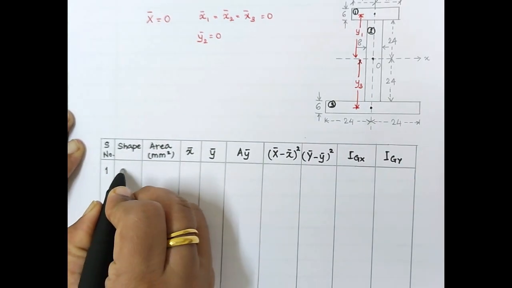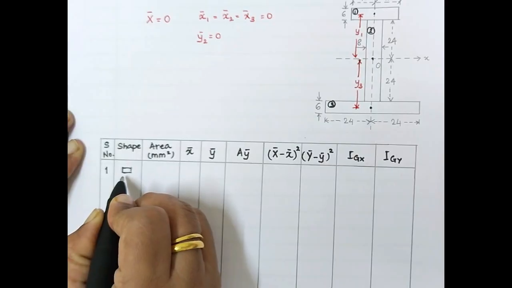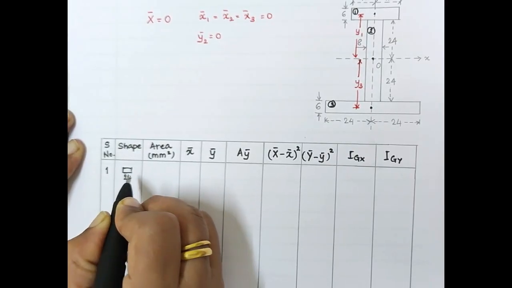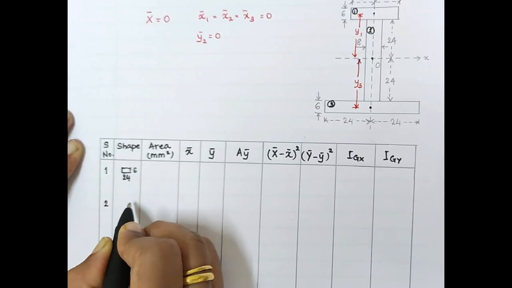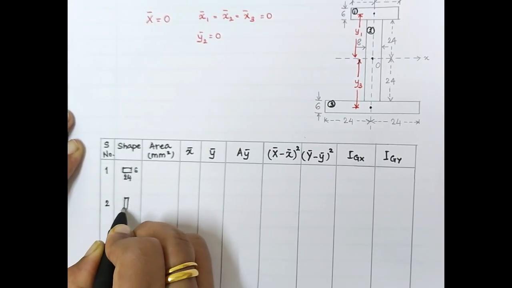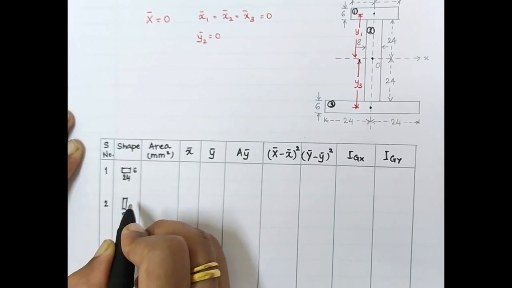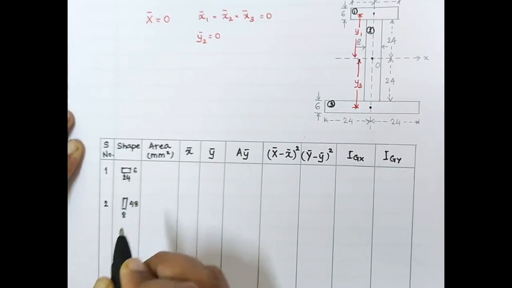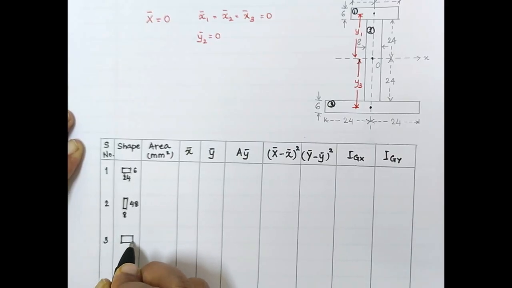Shape number 1 is a horizontal rectangle with a dimension of 24 by 6. The second shape is a vertical rectangle with a dimension of 8 by 48. The third is again a horizontal rectangle whose dimension is 48 by 6.